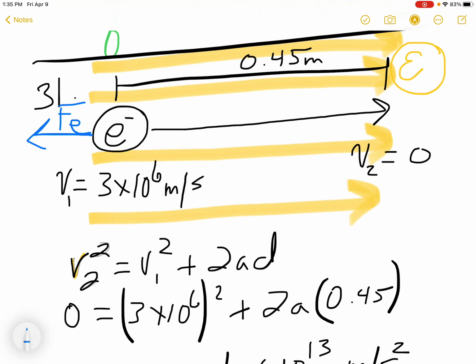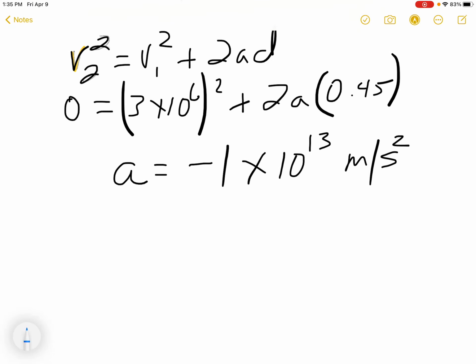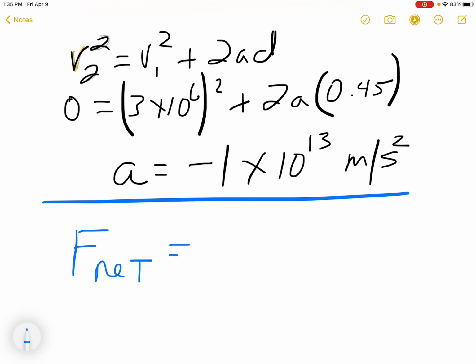Remember that. Let's now go down and crunch out what that would be. Net force, F net. Well, what is that? It's an electric force. It's the force of the electric field. So that means F net is MA and this is QE again. That's all there is.